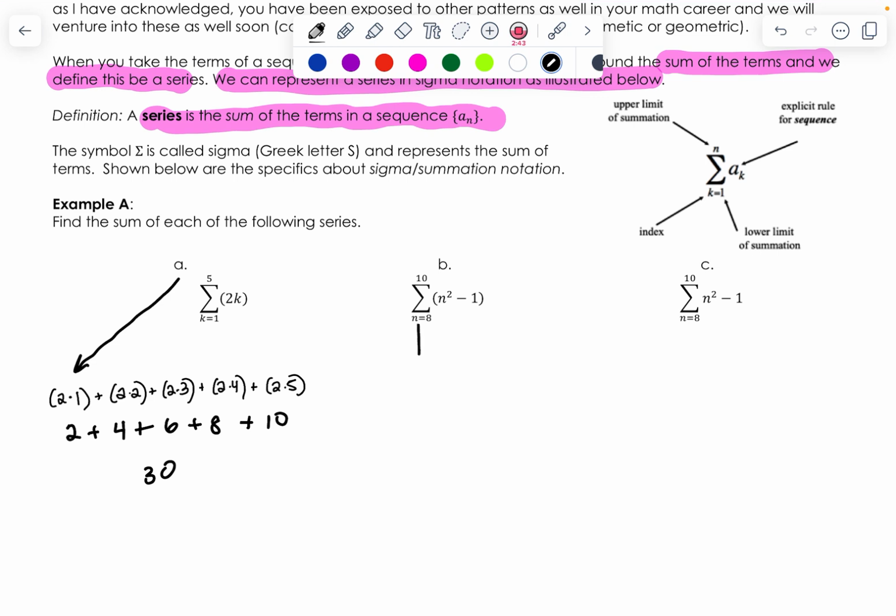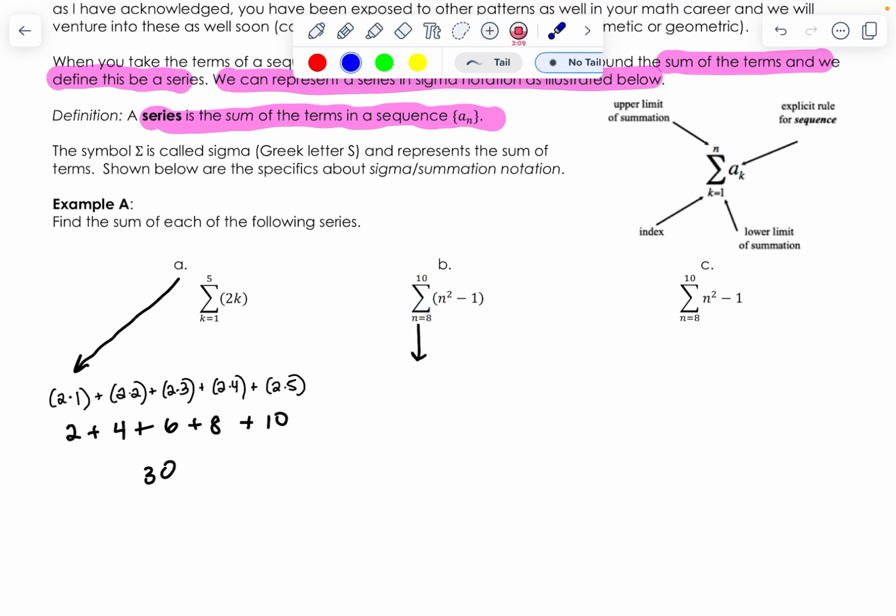All right, letter B. Let's try this one. So I'm going to go through. Notice again the parentheses around the n squared minus 1. And look at part C, because we will actually do this one differently. Also, notice the index. They don't always start at 1, even though oftentimes they do. So this says I have the summation, n is going to run from 8 to 10.